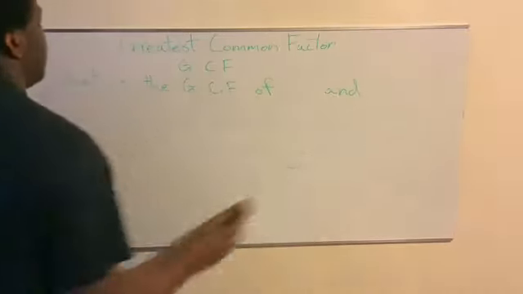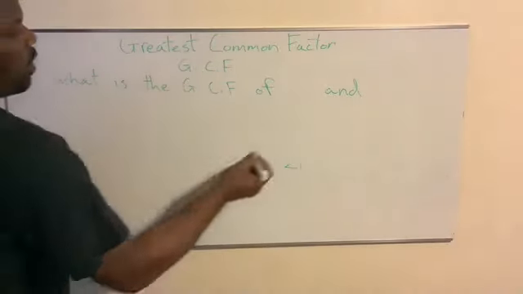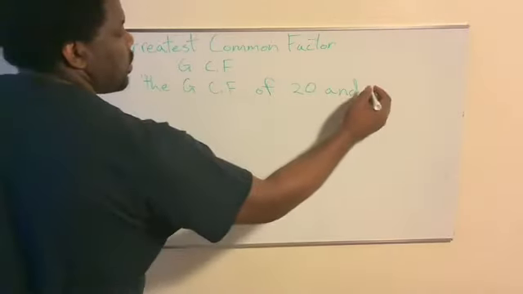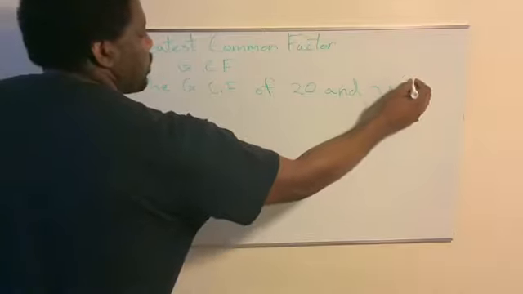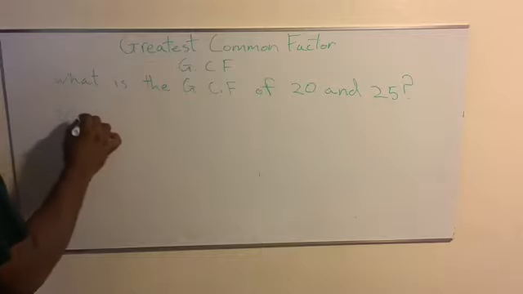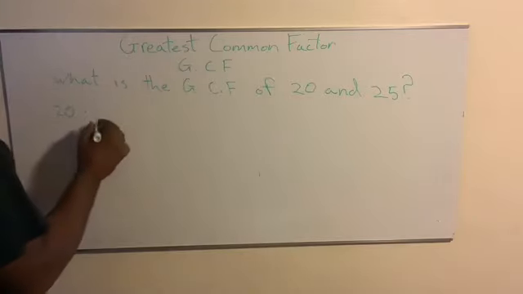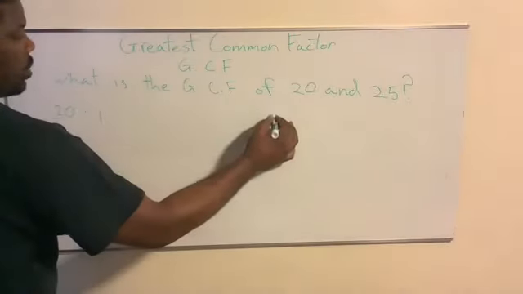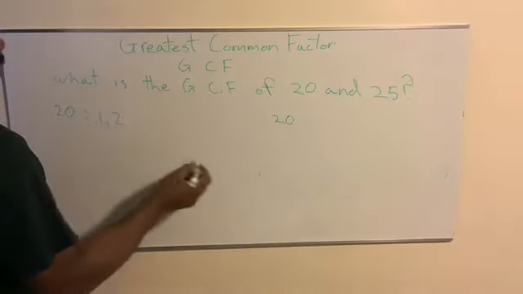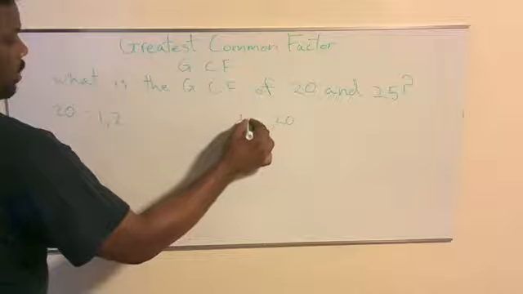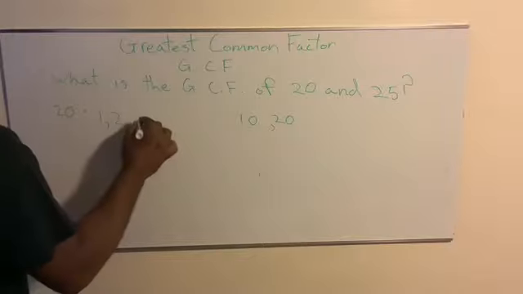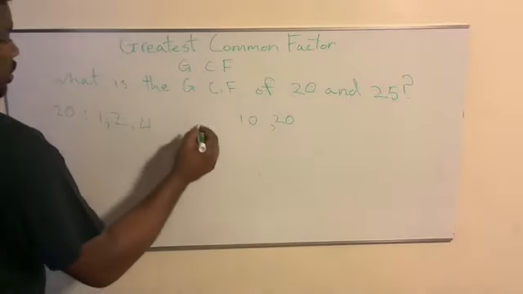Let's choose another example. Okay, what is the GCF of 20 and 25? Okay, so let's list the factors of 20. 1 times 20. It's an even number. So I have 2 times 10. 3 does not work. 4 works. 4 times 5.